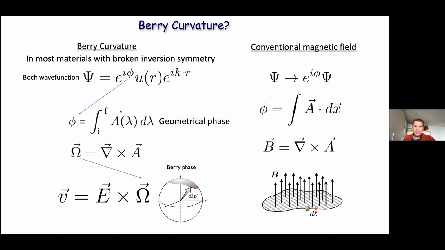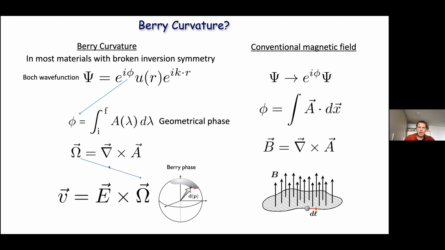So we can now represent this factor A also with the same equation as we used for the magnetic field, as for the vector potential, and relate this geometrical phase to the constant that we call Berry curvature. So in that way, you can actually see that if you have this internal geometrical phase, you can have also a velocity that's perpendicular to the electric field.